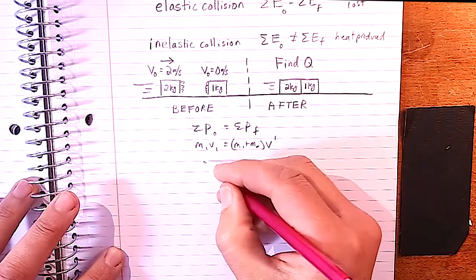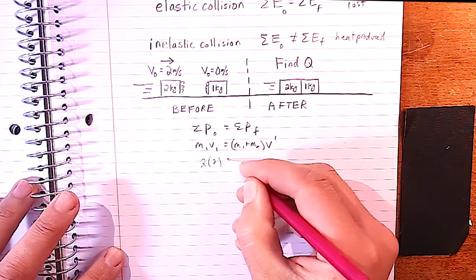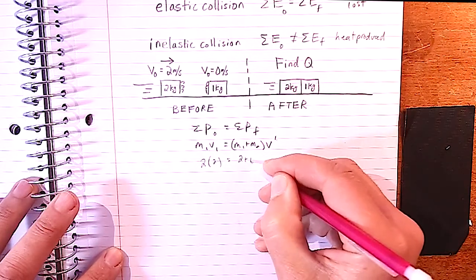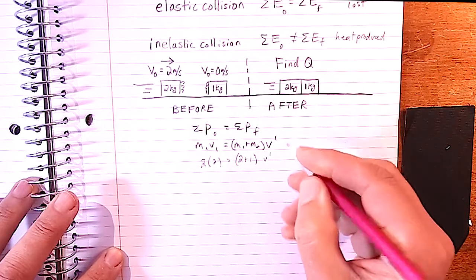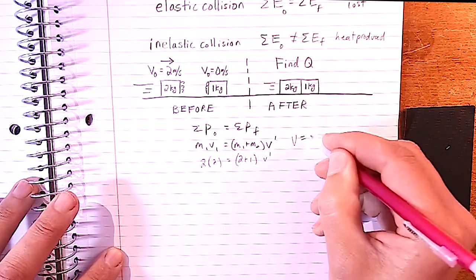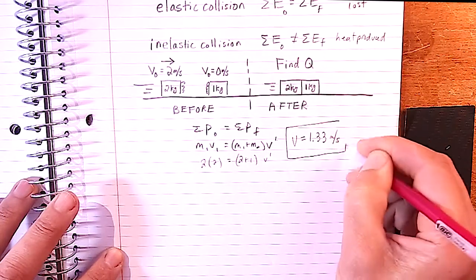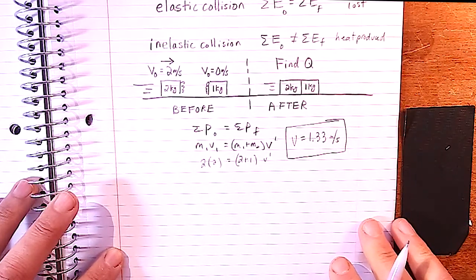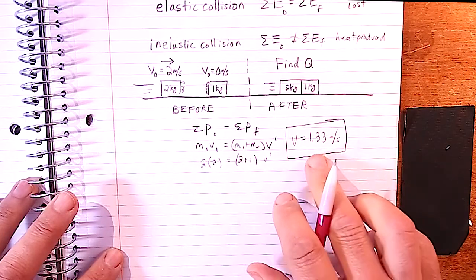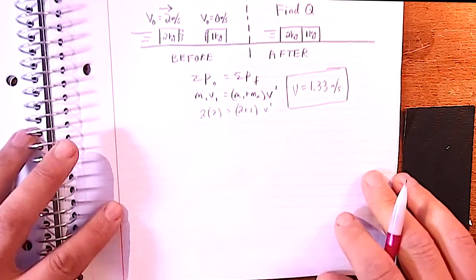Then we just put in our numbers. We have 2 times 2 equals (2 plus 1) times v prime, so v prime equals 1.33 meters per second. Now we can do conservation of energy because we know the velocity after the collision.